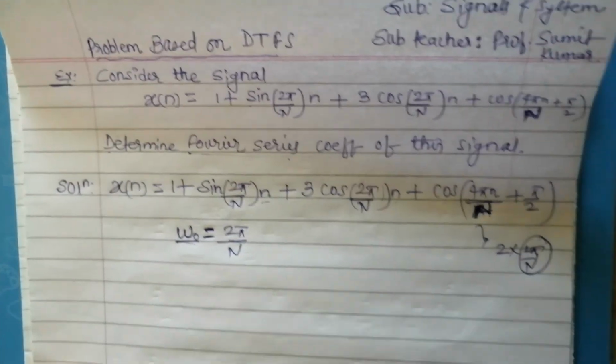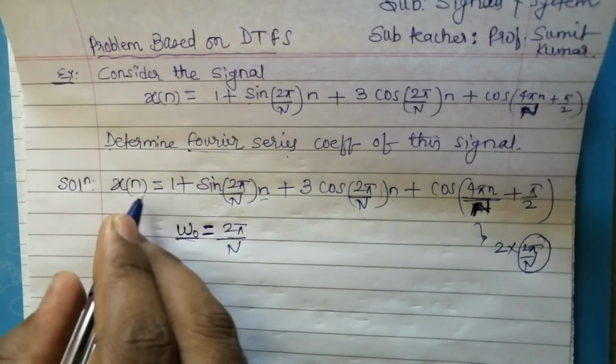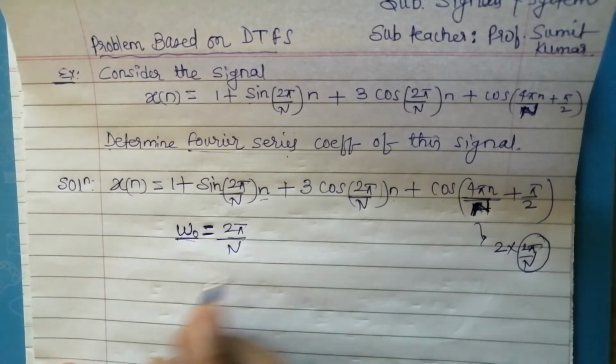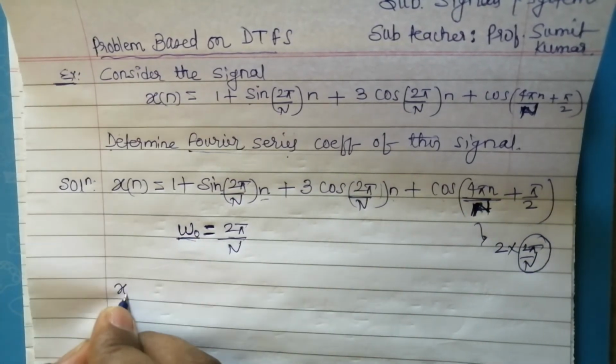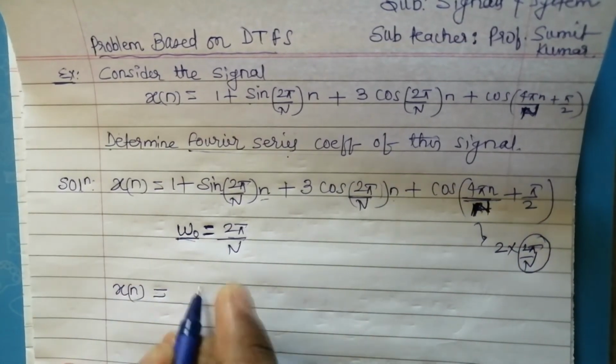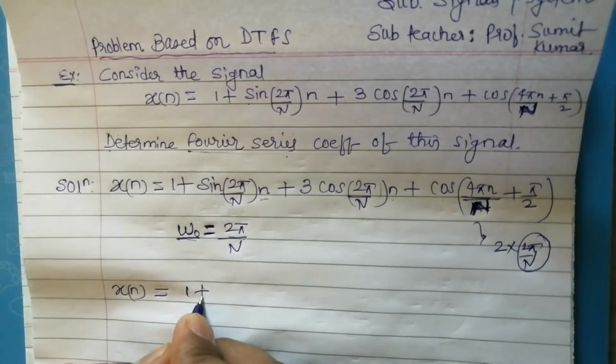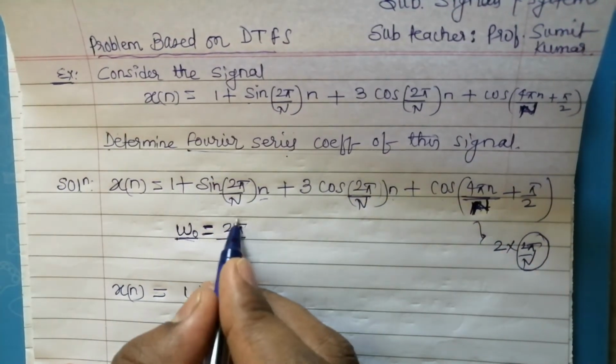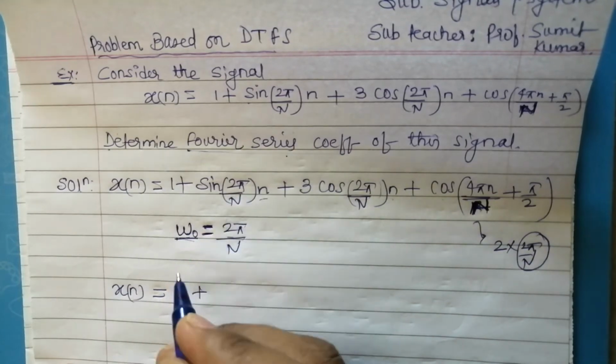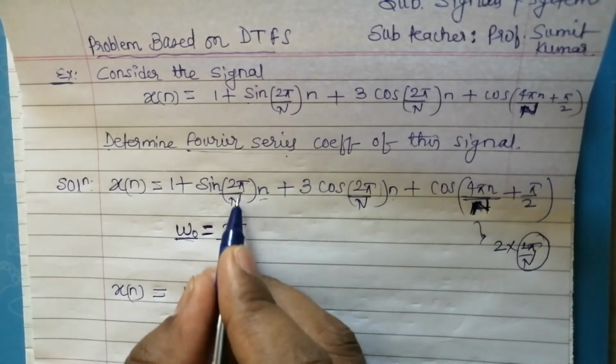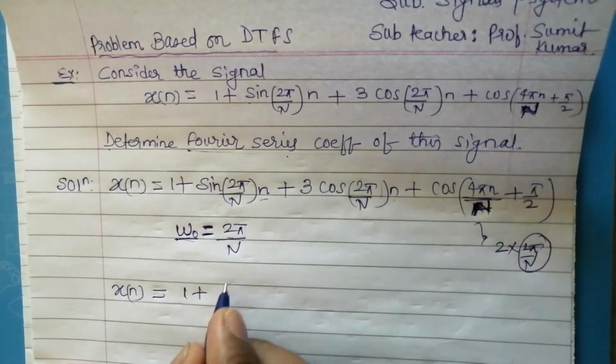Now do one more thing. Let us express the given x of n in terms of omega naught. Very simple. x of n equals 1 plus, wherever 2 pi by n is there, replace it with omega naught.